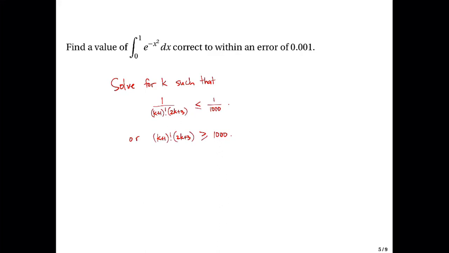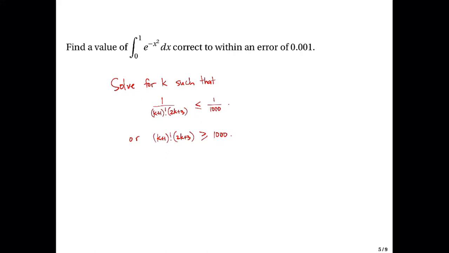Since 1000 is a small number, let's just estimate the value of k. Maybe let's try k equals 3, k equals 4, or k equals 5, and check the smallest number that will satisfy this inequality.